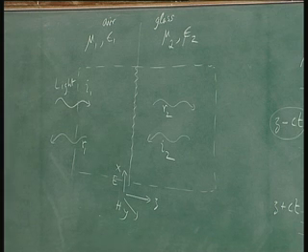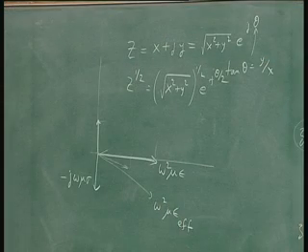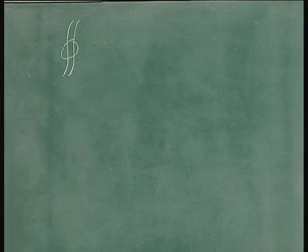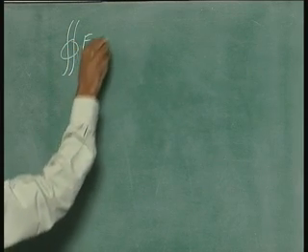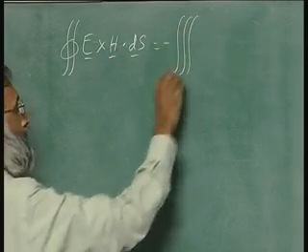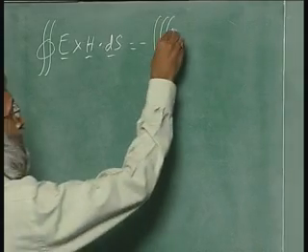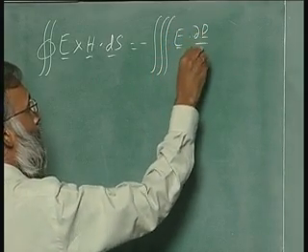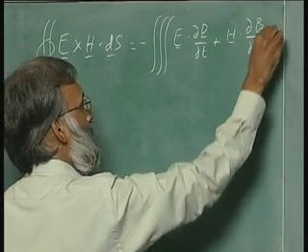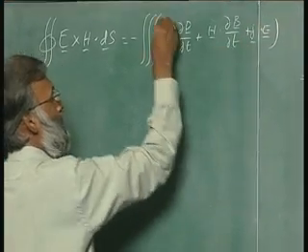Now, let us write down what Poynting theorem tells us about this problem. Poynting theorem tells us that if I take the closed integral of E cross H dot ds, it is equal to the negative of the volume integral of E dot del D del t plus H dot del B del t plus J dot E dV.